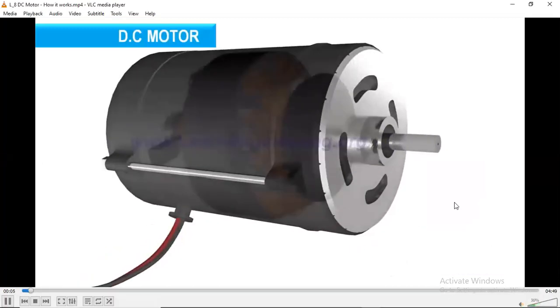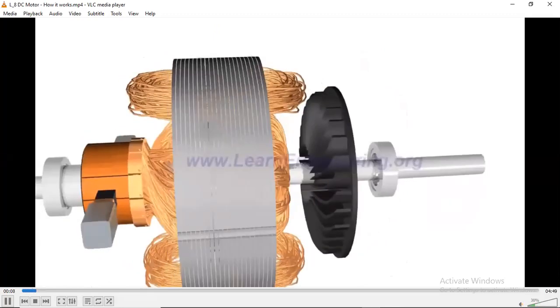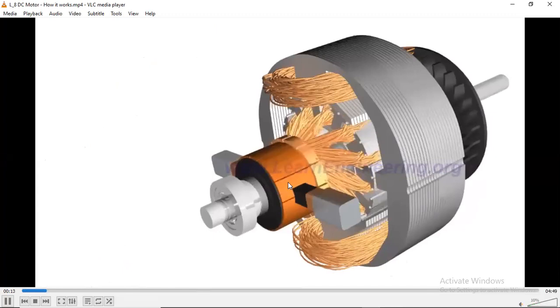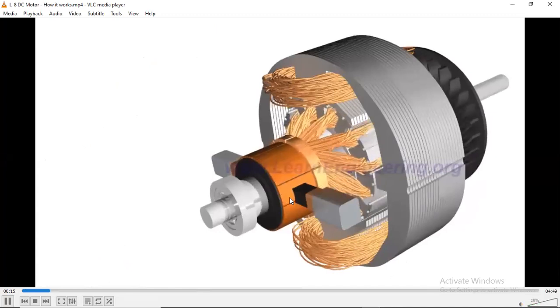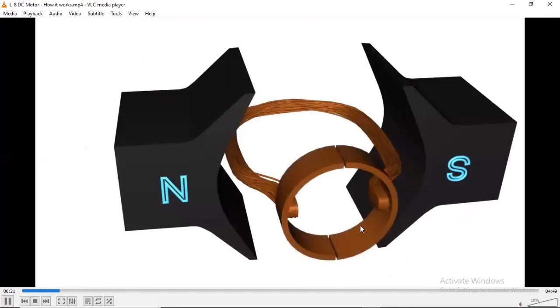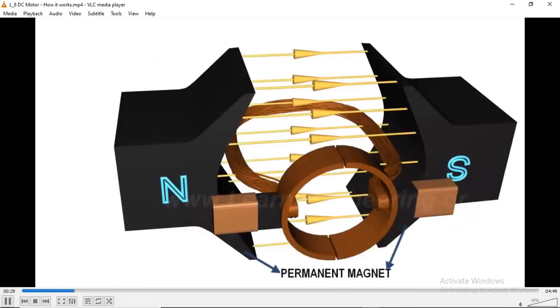These are the aspects of the DC motor. You can see these are the carbon brushes, which make frictional contact with the commutator. This is the commutator. The positive and negative carbon brushes come into close contact with the commutator.